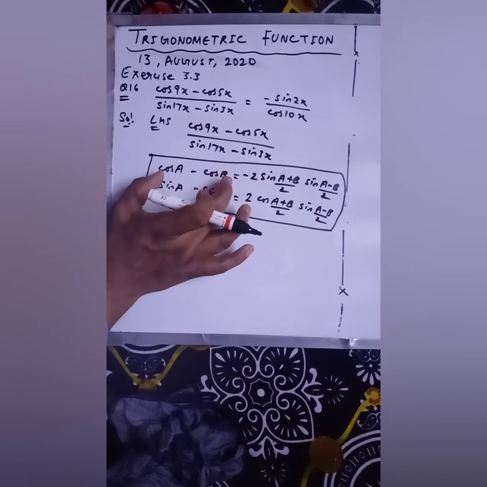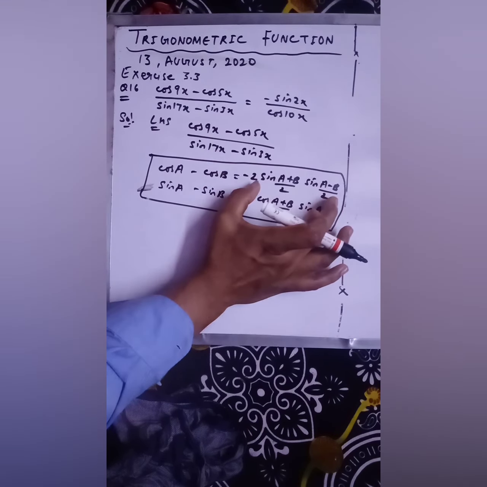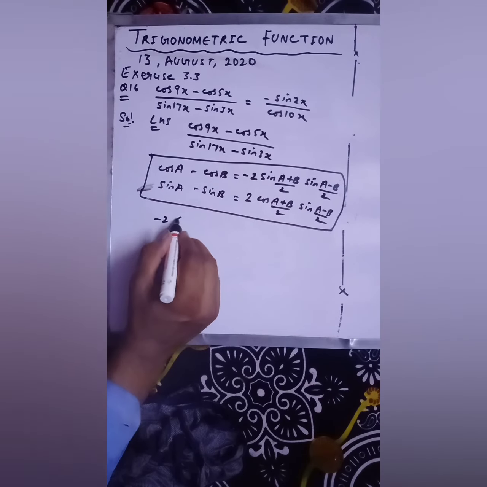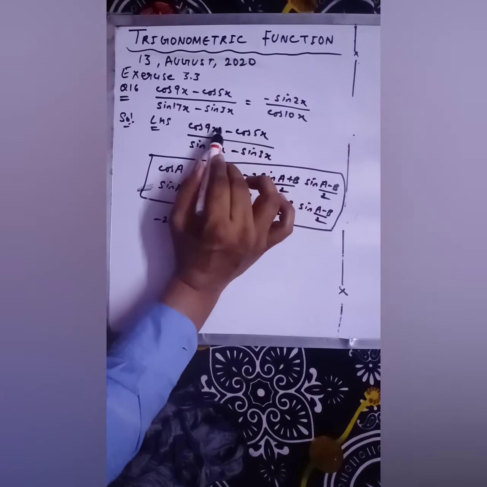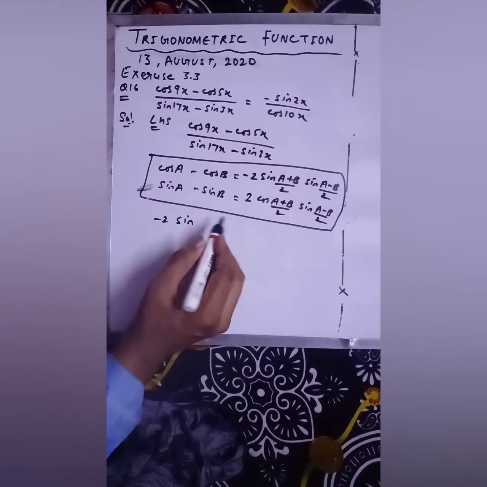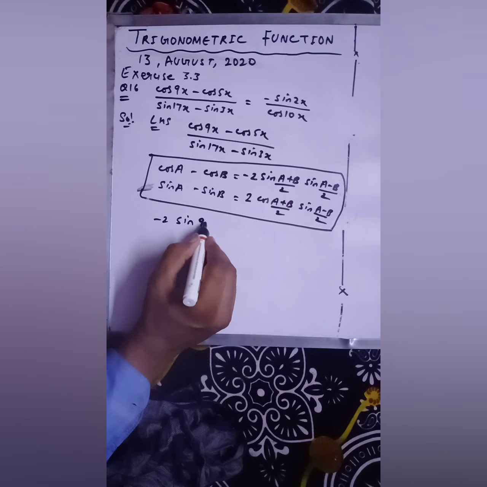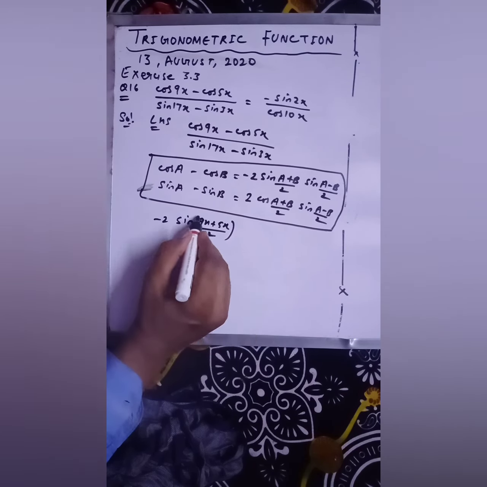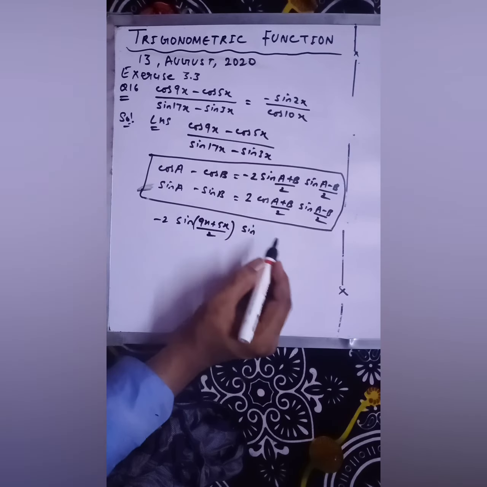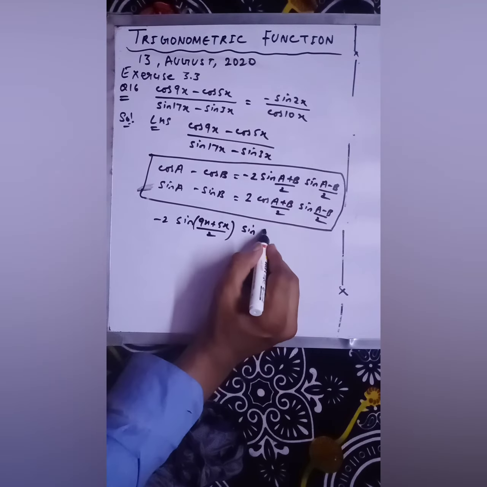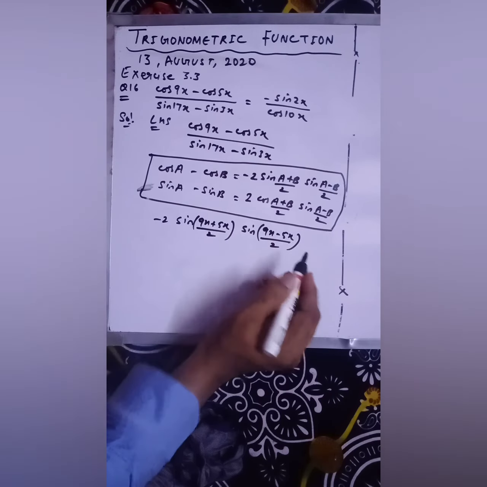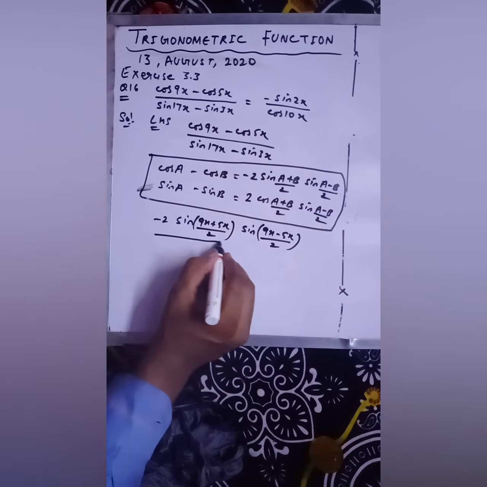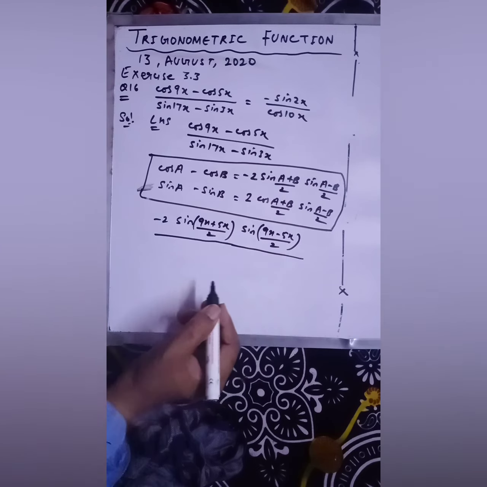In place of this we have to write this one. So I'm writing minus 2 sin (A plus B). Your A is 9x, B is 5x, so 9x plus 5x whole upon 2. And similarly again sin (A minus B), 9x minus 5x whole upon 2, over.